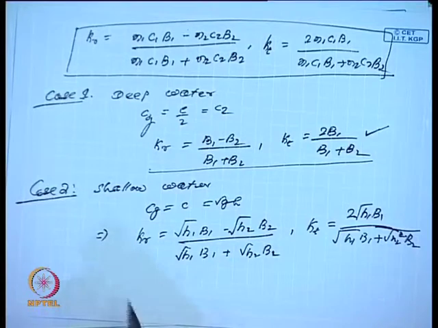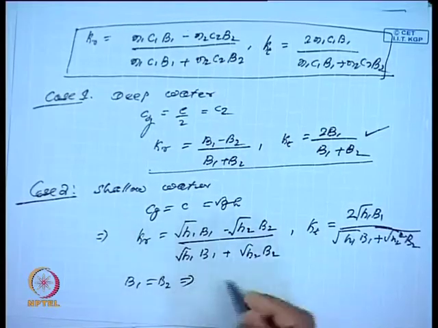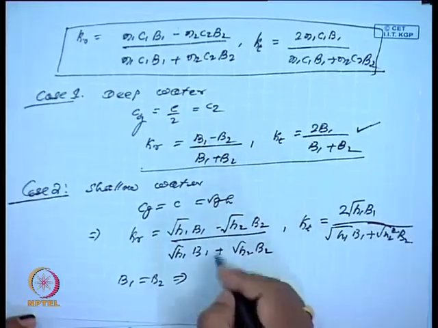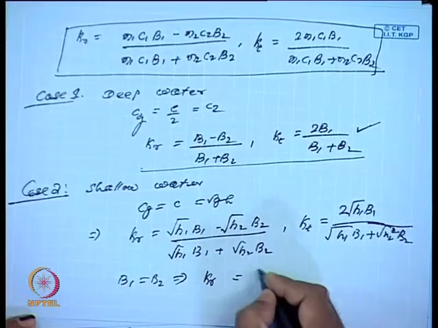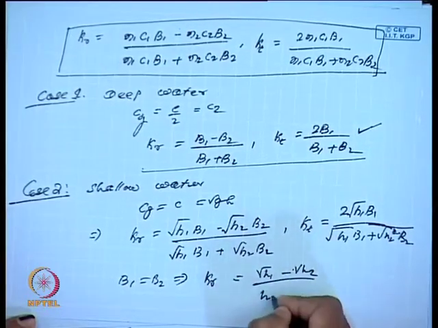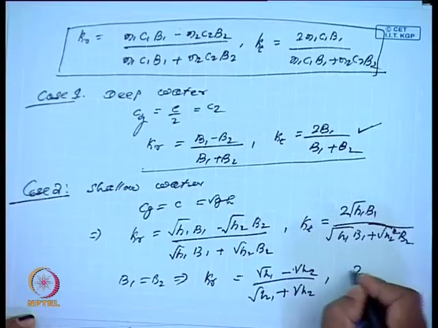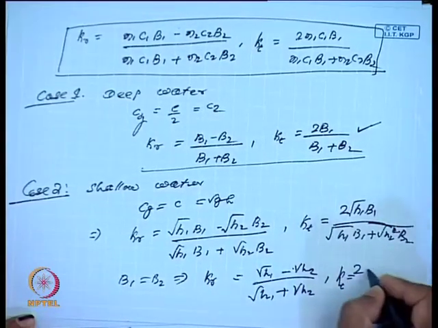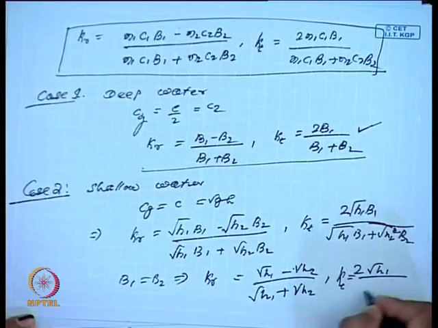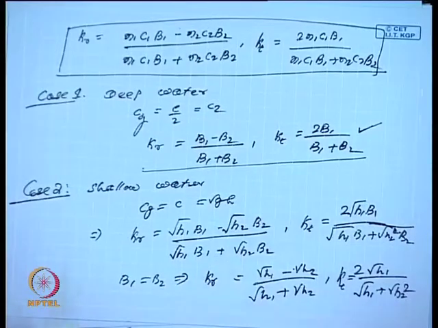So this becomes my reflection and transmission coefficient, and again if we say that B1 is the same as B2, this is what we have earlier obtained: Kr is (root H1 minus root H2) by (root H1 plus root H2), and Kt will be 2 root H1 by (root H1 plus root H2).